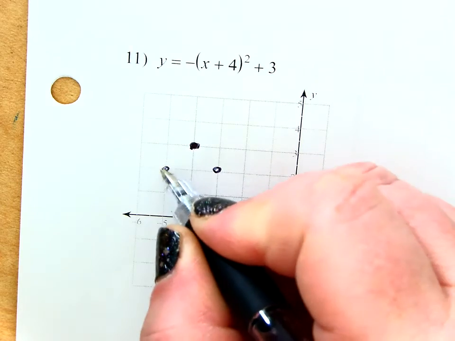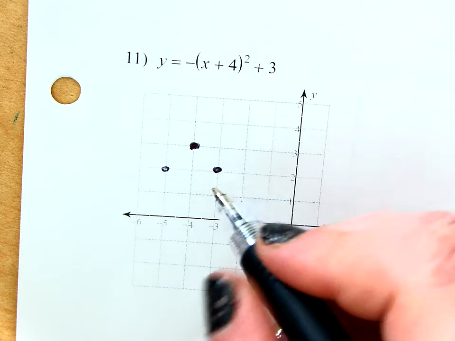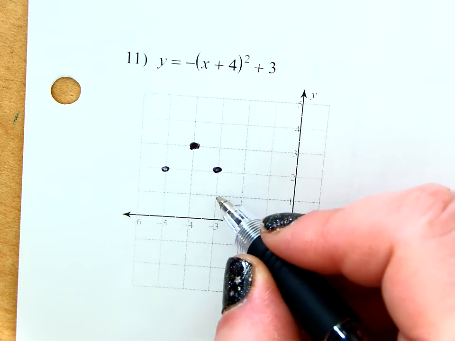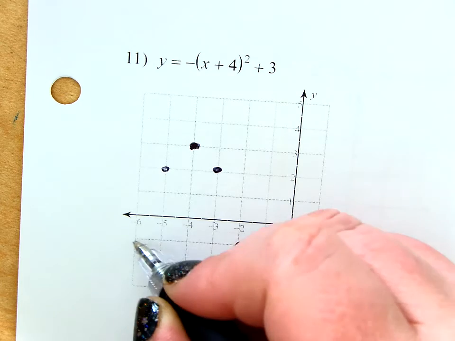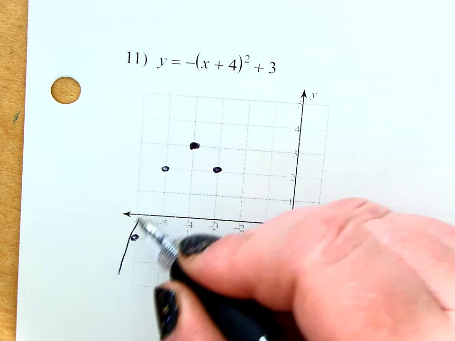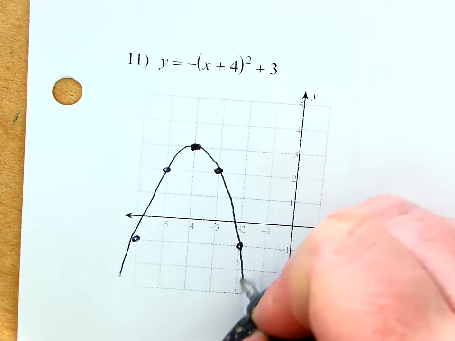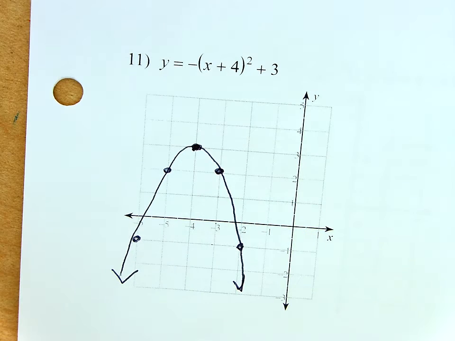Instead of going up 1 over 1, I go down because everything's flipped over. So I go down 1, and then I'll go down how many? 3 over 1. That's it. So if A is a negative value, remember you just go down instead of up. Okay, easy enough?